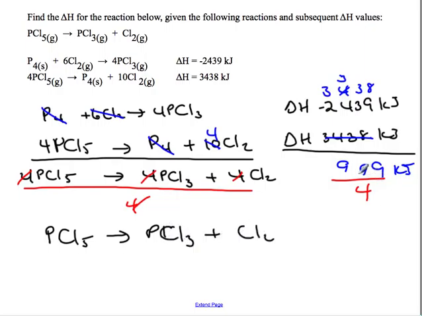Now this is, let's say, 1,000, so that would be 250 kilojoules, which is the delta H. So notice that in Hess's law, each individual step has its own delta H, and all we have to do is flip it, don't flip it, multiply it, whatever we need to do to get the equation that they want. So if you have any questions, make sure you ask in class.